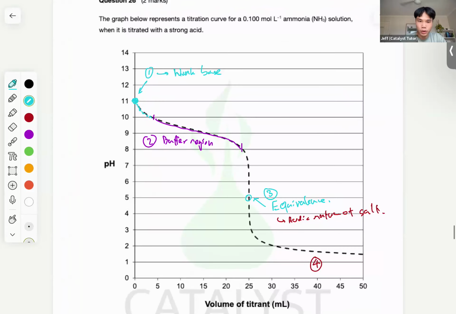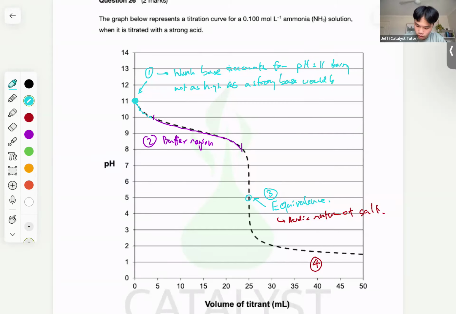And if you were to write this response, it's a weak base because... or weak base accounts for the pH of 11 initially being not as high as a strong base, or something to this effect.